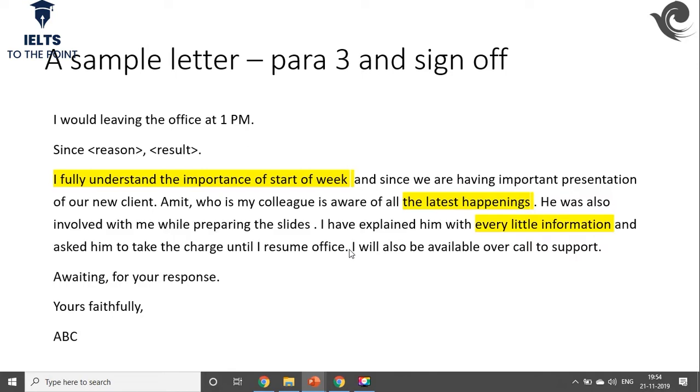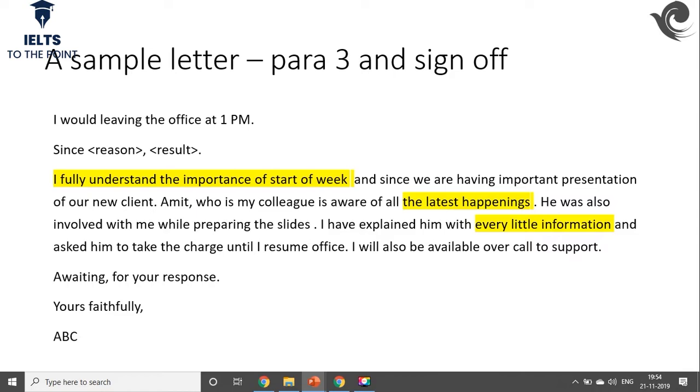I mean, you should at least use some cohesive device which says that in worst case or in case of any emergency, I will be available over the call to support. That at least makes some sense. Otherwise, if you write like this, the transition of ideas is a big issue.